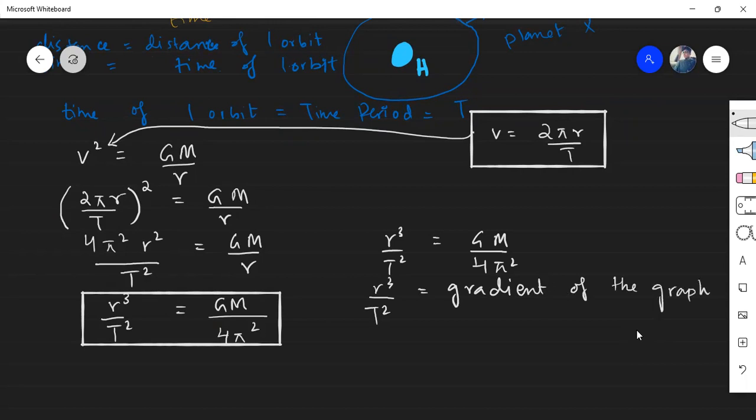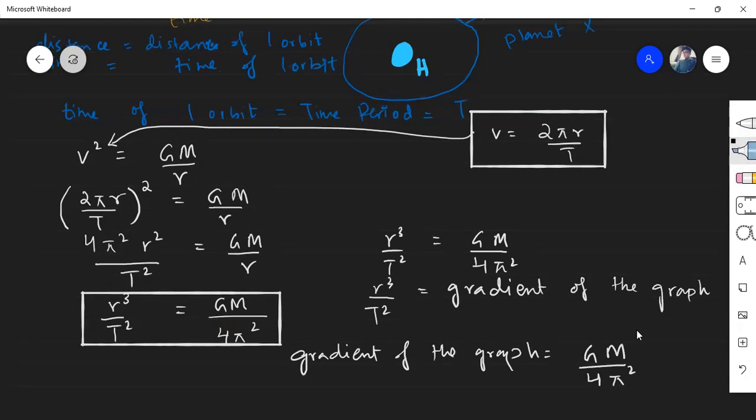So the gradient of the graph is equal to G times M over 4 pi square.